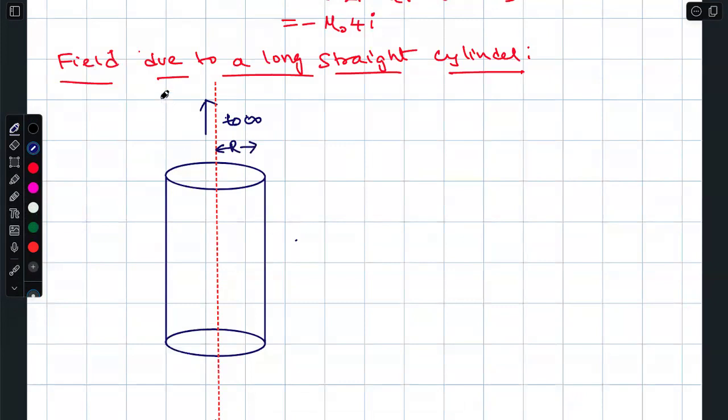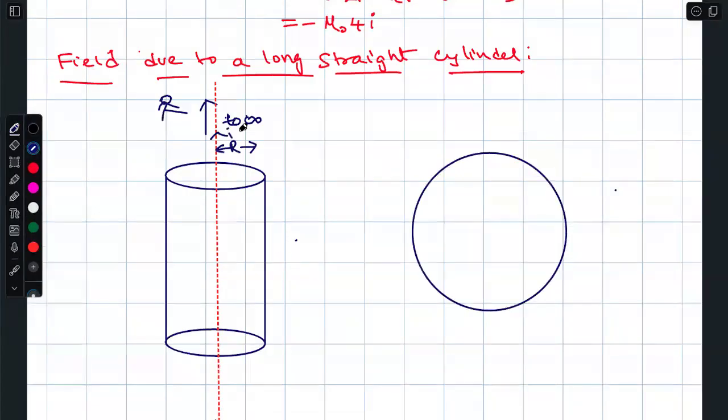Top view means someone observing from here finds it as a circle. And I am assuming this is how current goes. You see an outward current. So what is the current density? Current by pi r square. Remember, this is a very important point.